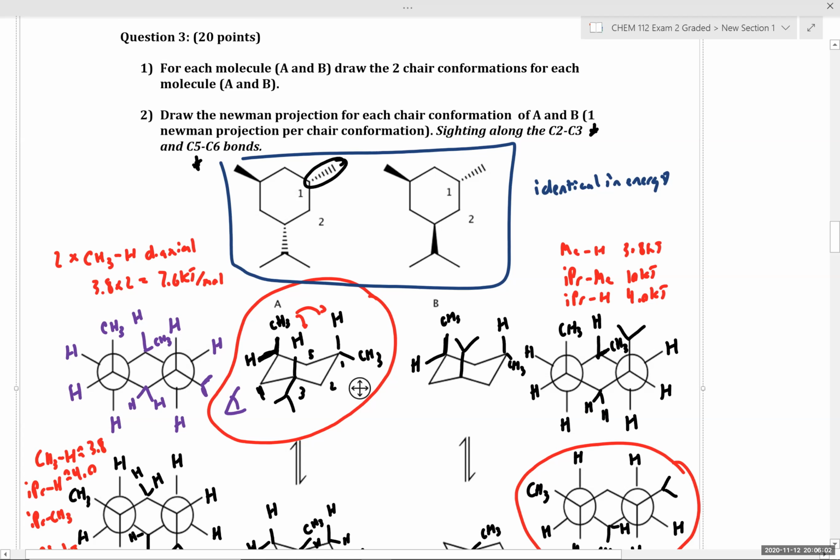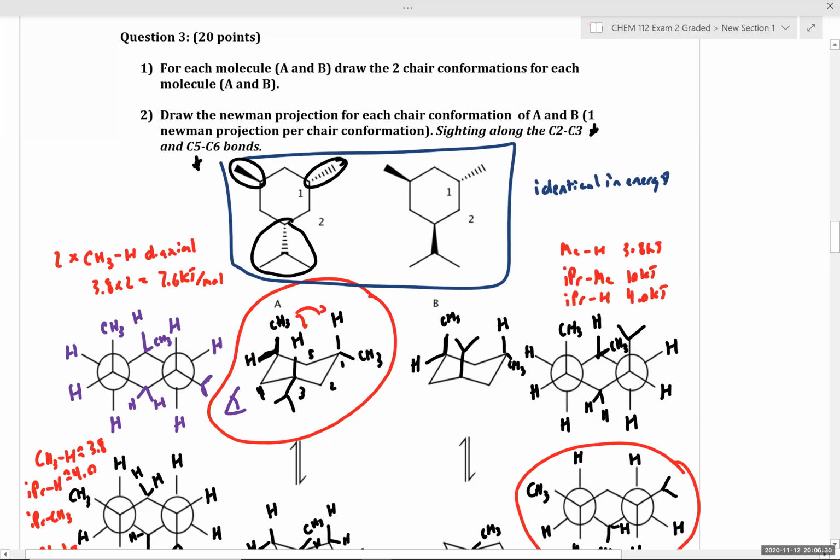So looking at this methyl group, is it pointing up or down? Down. Okay, so we're going to draw our methyl group equatorial pointing down. Looking at this isopropyl group, is it pointing up or down? Down. Okay, so we're going to draw it equatorial pointing down.